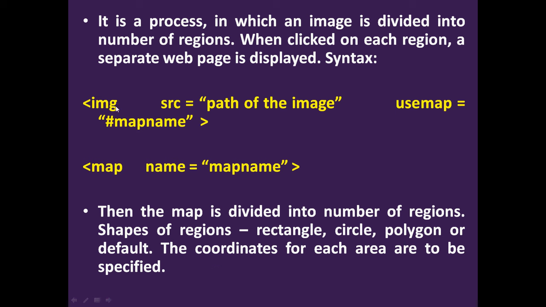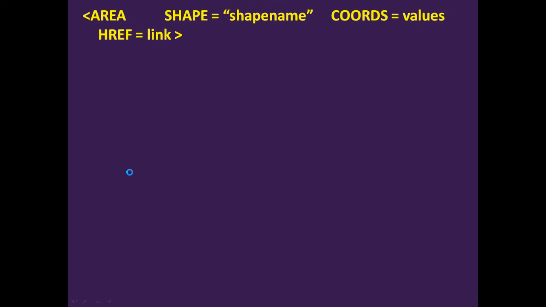So till now we looked at two tags. One is the img tag, that is the standard tag for inserting the image in HTML, and next is the map tag, which converts the image into a map and is describing the different areas. To represent each area, we have to use the area tag, and shape is equal to, here you have to specify the name of the shape, and then you have to specify the coordinates.